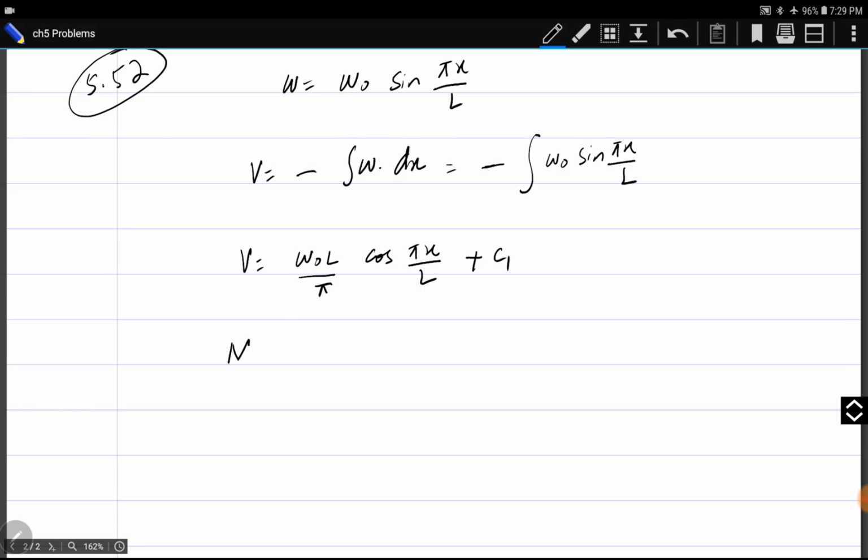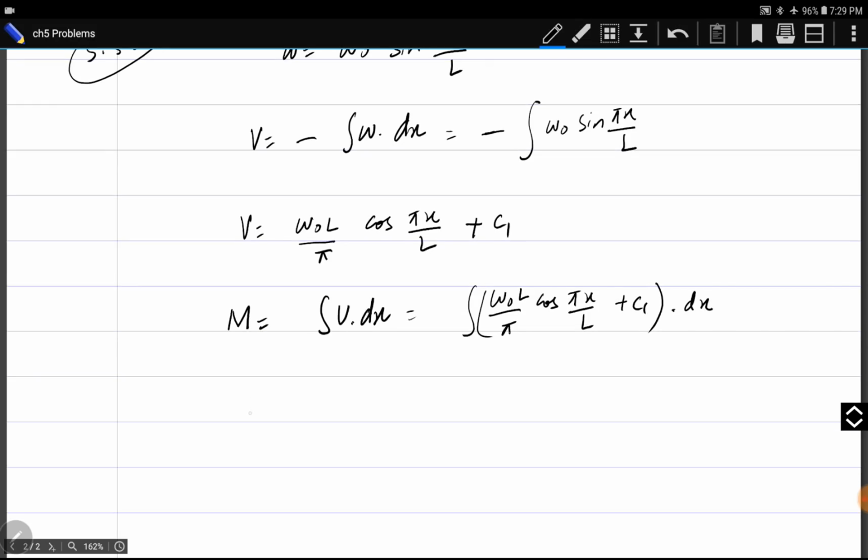Again, moment is equal to integral of V. So by integrating this expression, okay, it will be W naught L square over pi square, and integral of cosine is sine, plus C1x plus C2.